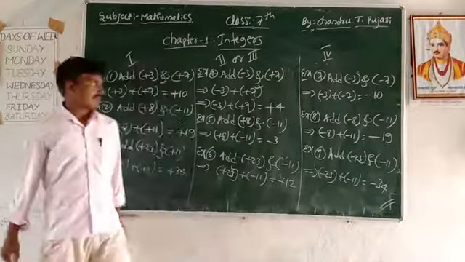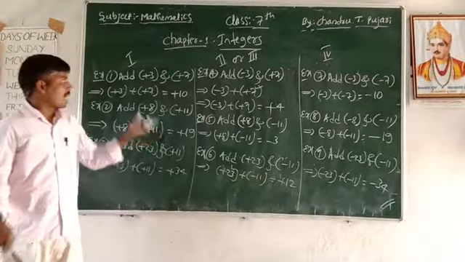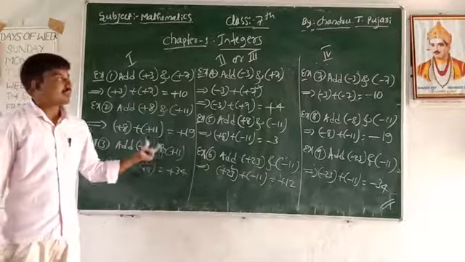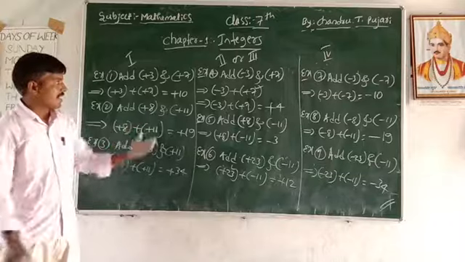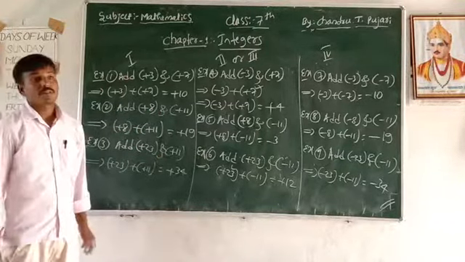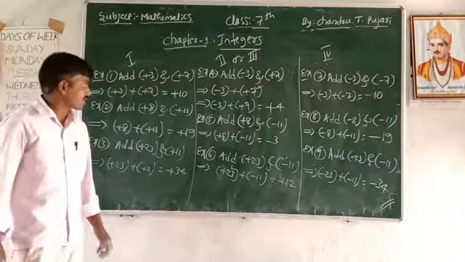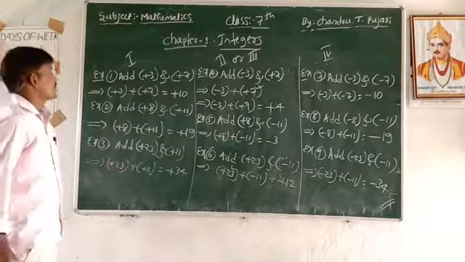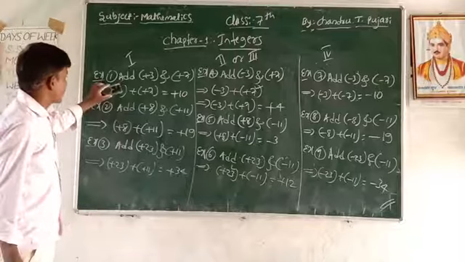Minus 34. With these rules you can do addition of integers, and subtraction of integers also. Subtraction is part of this too.